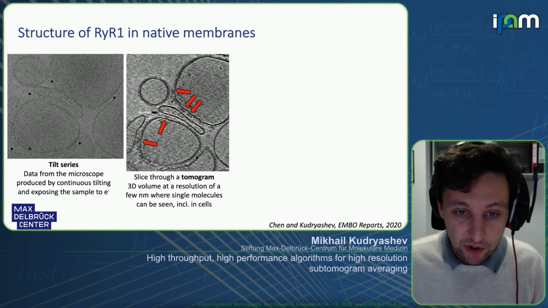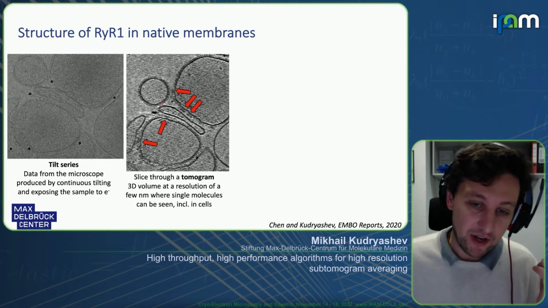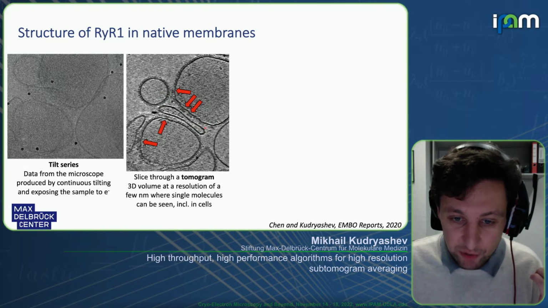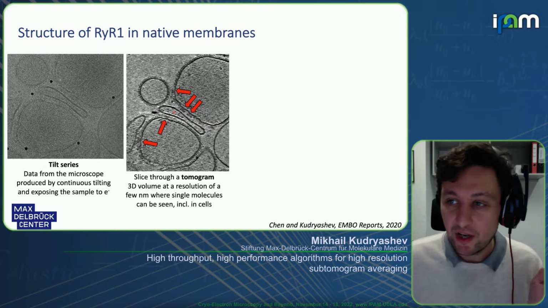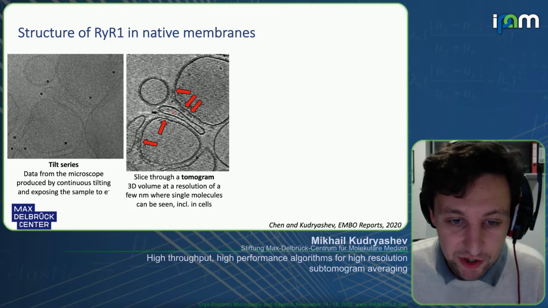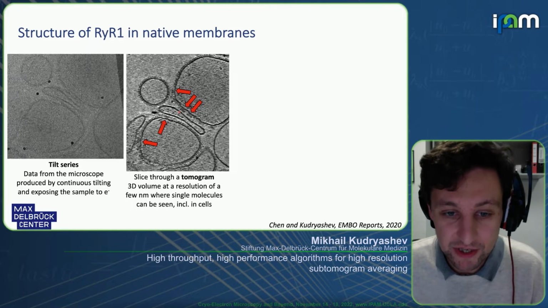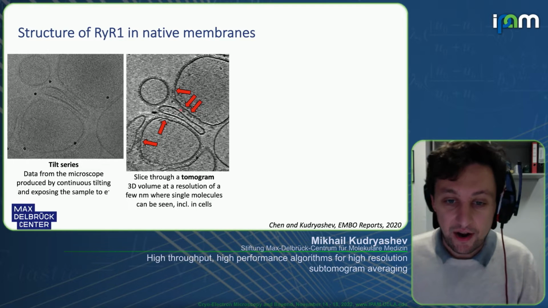And in some cases, we could see that there is an extra membrane, which would represent the T-tubule. But to be honest, most of the receptors were freestanding and only 10% were attached to something that looked like another membrane. So we couldn't yet do a very high resolution structure of the receptor with a T-tubule, but I hope that we can do it in the future.